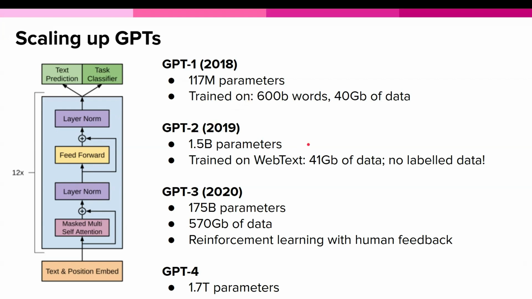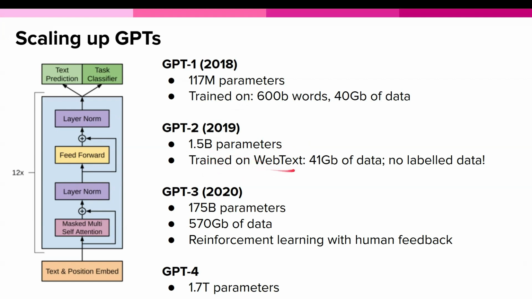Building on that foundation, GPT-2 was released in 2019 and had a significant increase in capacity. It was 1.5 billion parameters. This expanded architecture allowed GPT-2 to handle larger inputs and process more extensive contexts.